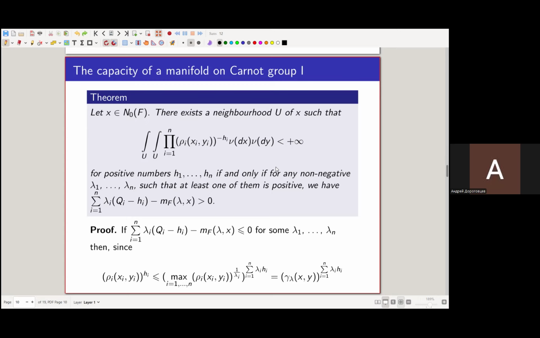Alexey, can I just have a remark that this inequality reflects the idea that now we have a relation to the Carnot group. We have a process such that its transition density can be estimated by the distance in such powers. Yes, exactly. So this distance rho I is exactly the distance related to G I and to X I, which is the Brownian motion on G I. Okay.